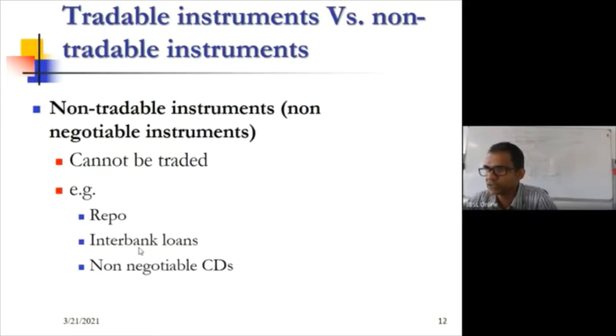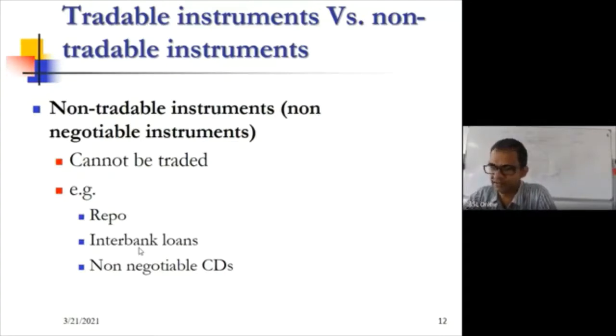Non-tradable instruments are the opposite of tradable instruments, where you cannot trade or transfer the ownership. If you buy that instrument, you have to hold it until maturity. So repo is one such product. Once you enter into a repo transaction, you have to wait until maturity to get your funds back or to repay your liability.